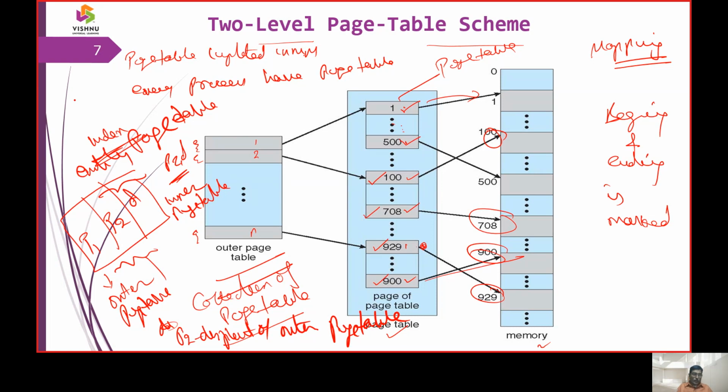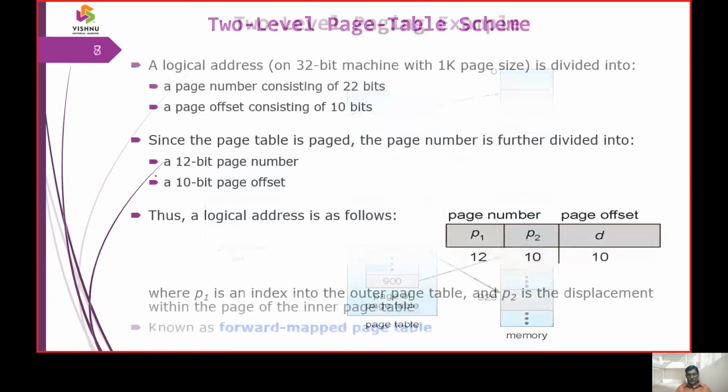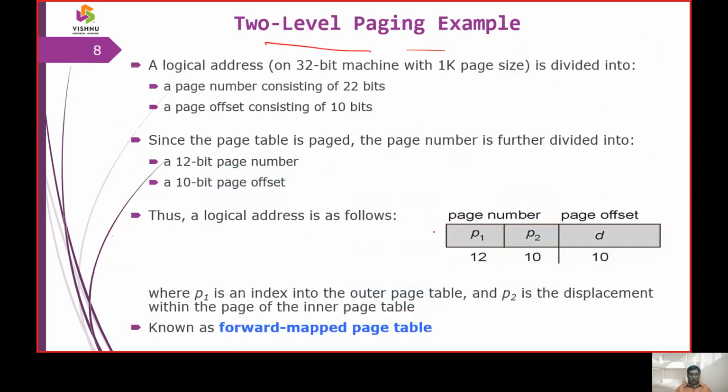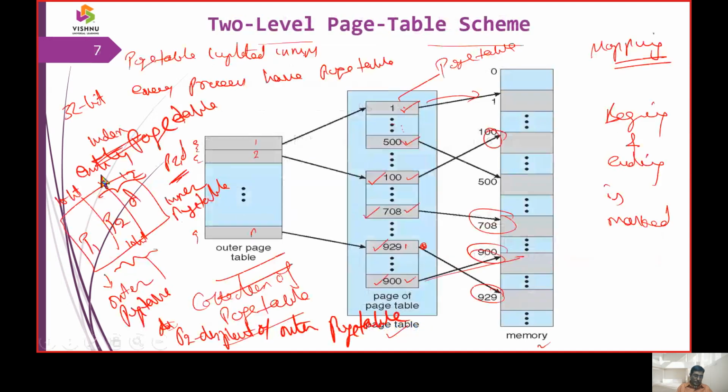So if I have some 32-bit item, 10 bits are going to be for P1, 10 bits for P2, and 12 bits are going to be distributed for the displacement, also called the offset. So I just displayed this one item.